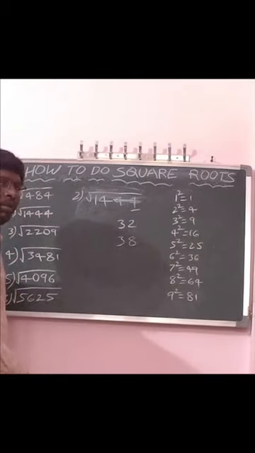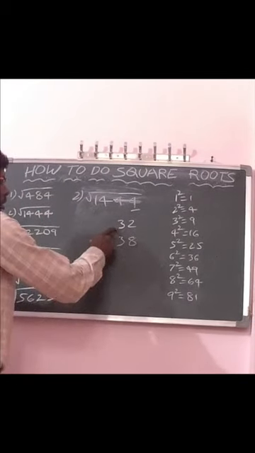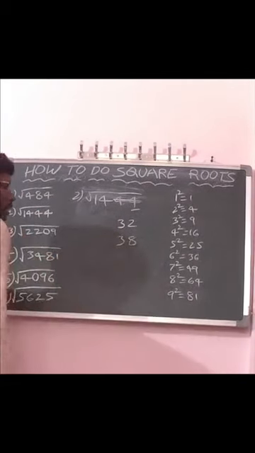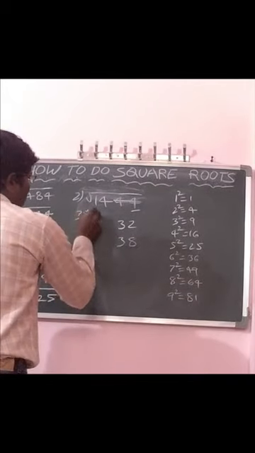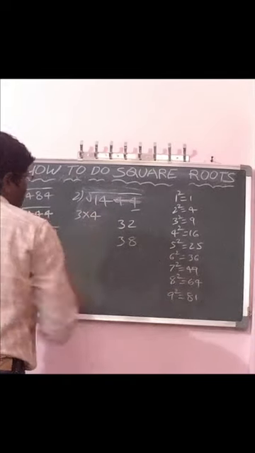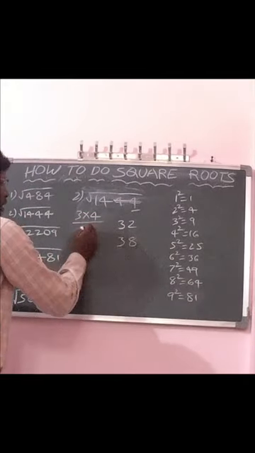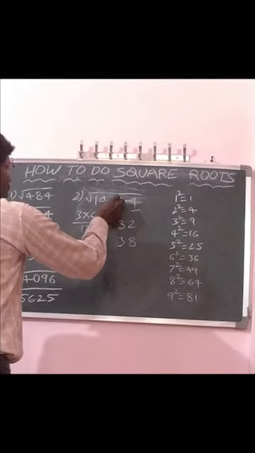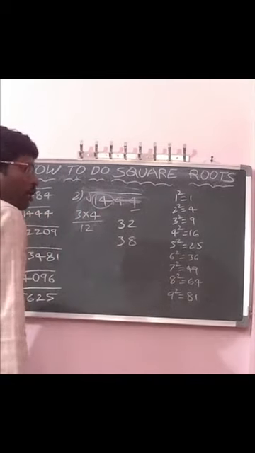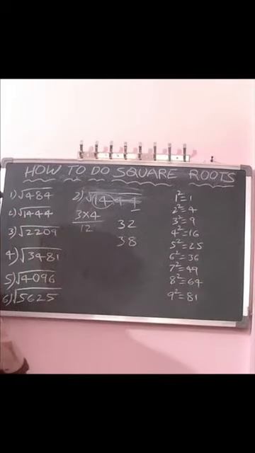In the third step, now here we can take the 3. In the third step, we can multiply the 3 with the number after 3. So 3 into 4 is equal to 12. Here 14 remains. Now we can compare the 14 with 12.